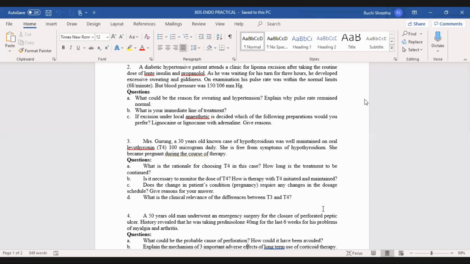She became pregnant during the course of therapy. What is the rationale for choosing T4 in this case? How long is the treatment to be continued? Is it necessary to monitor the dose of T4? How is therapy with T4 initiated and maintained? Does the change in the patient's condition, that is the pregnancy, require any changes in the dosage schedule? Give reasons for your answer. What is the clinical relevance of the differences between T3 and T4?